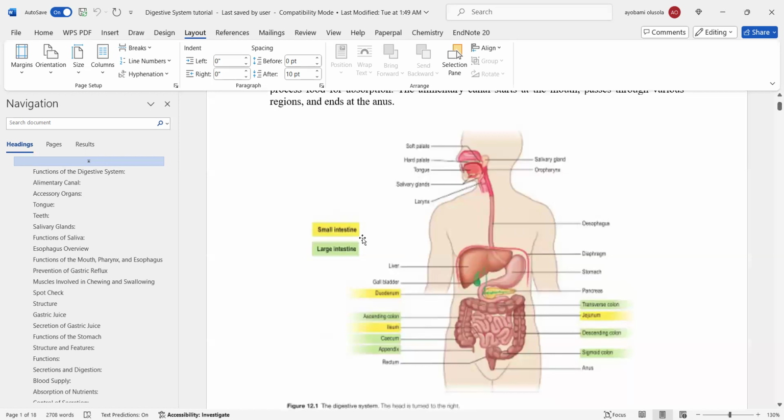If you check this diagram of the digestive system, the small intestine is labeled yellow: duodenum, jejunum, ileum, while the large intestine is labeled green.